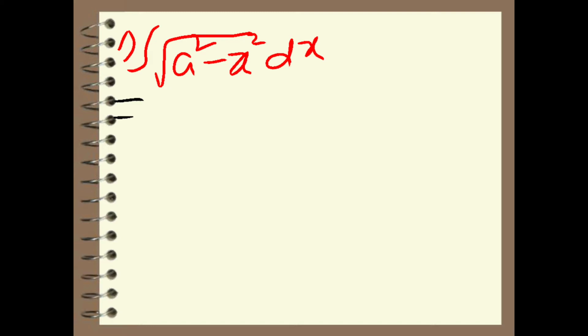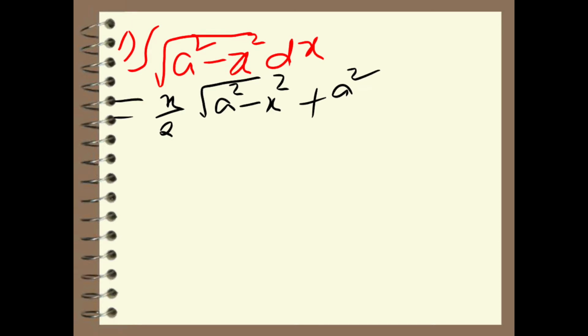So this formula is of two parts. Always remember, this formula is of two parts. Okay, I will write here. The first part is x by 2 root a square minus x square, plus a square by 2 sine inverse x by a plus c.